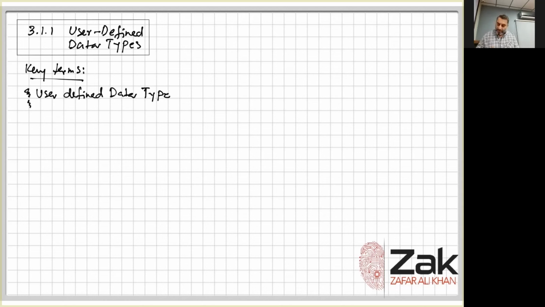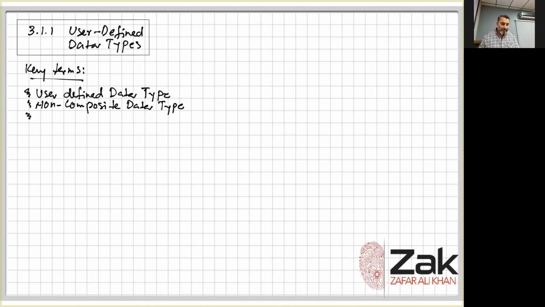Non-composite data types. Non-composite data types are the data types that do not reference any other data type, as I explained earlier.